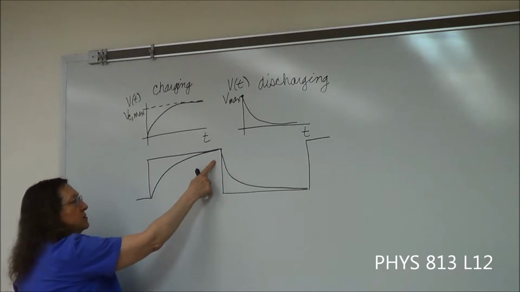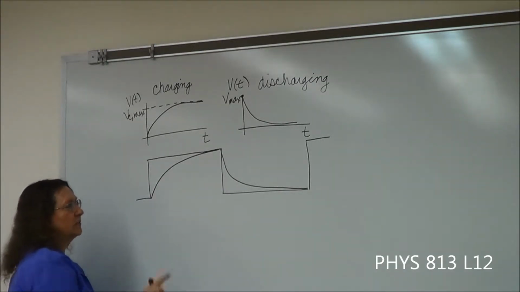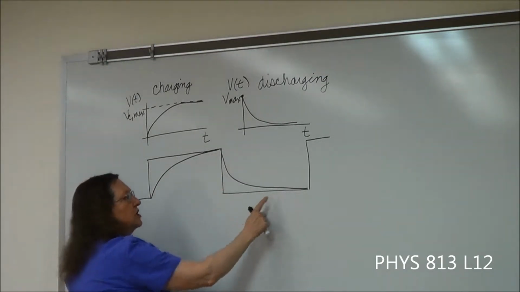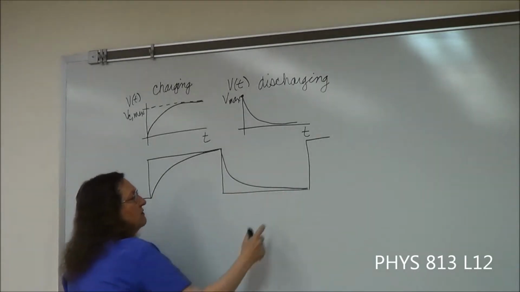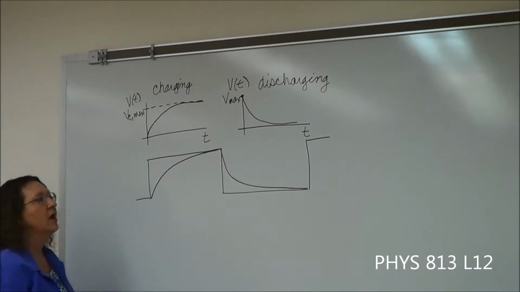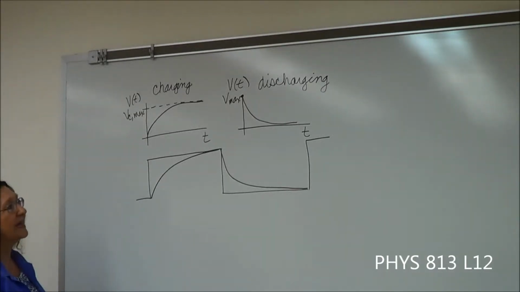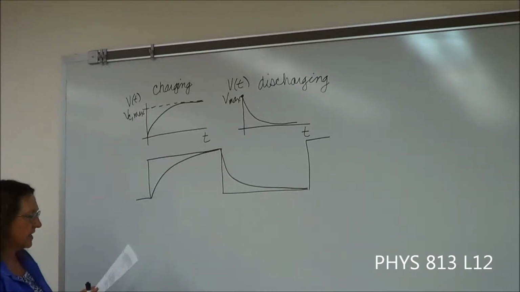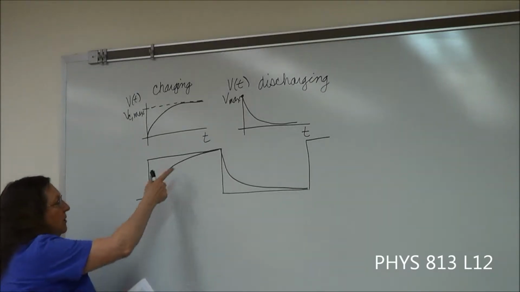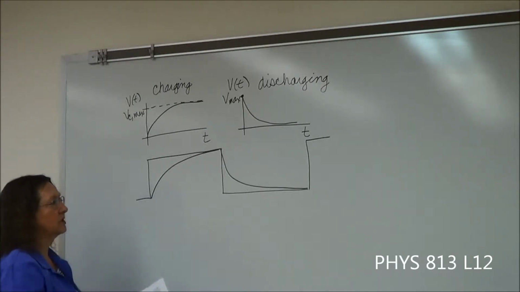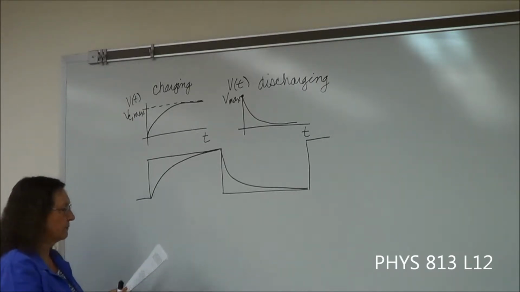So if this charging process takes 5 time constants and the discharge is 5 time constants, then the wave must have a period of 10 time constants, or at least that much. Toward the end of this, there's a calculation where you have to calculate what frequency you would need to measure the time constant for a particular resistor and a capacitor.